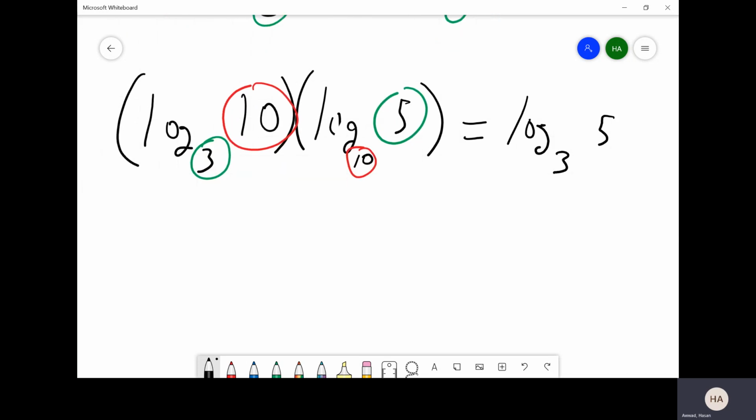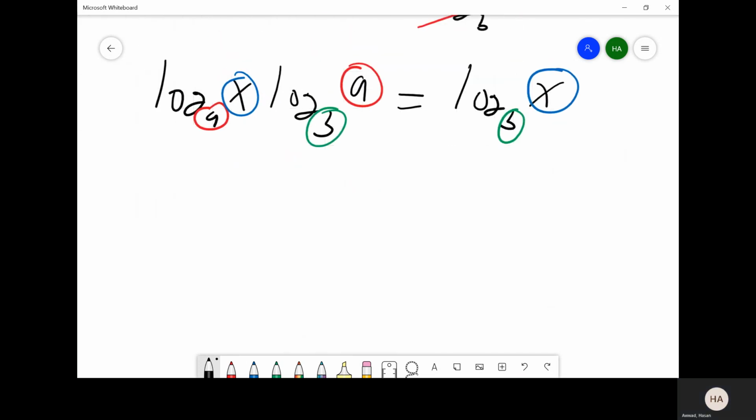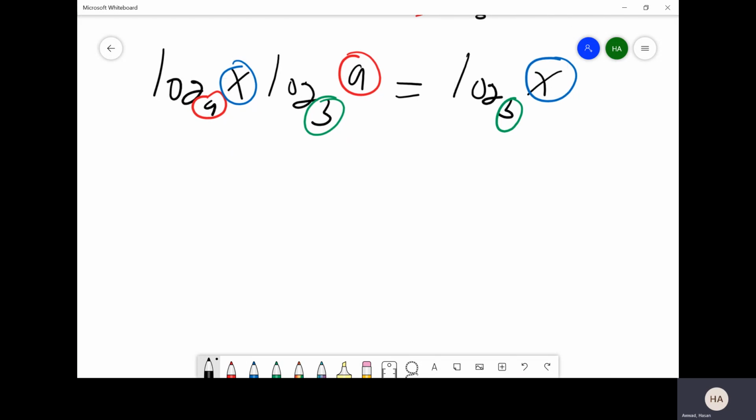Okay, so let's move on to a second example here, and maybe this one will be a little bit more challenging, but it should hopefully still get the point across. Okay, so I'm just going to erase this example, but I'm going to keep this right up top. Second example is, again, I just want to simplify the following. If I have two logarithms being multiplied, I want to find a way to simplify them.